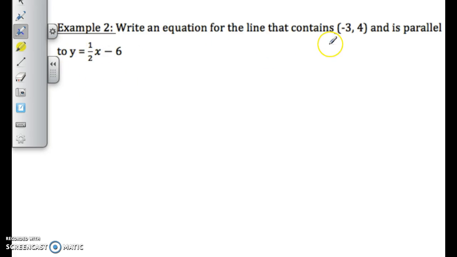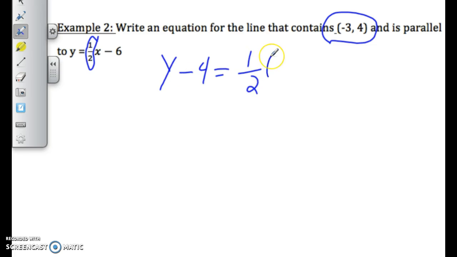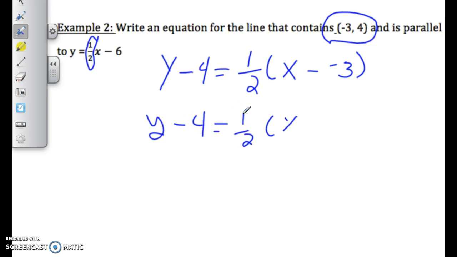Well, we have a point, and we know the slopes have to be the same, so there's my slope. I'm going to use the point-slope formula. y minus 4 equals 1/2 times the quantity x minus -3. This would be x plus 3.